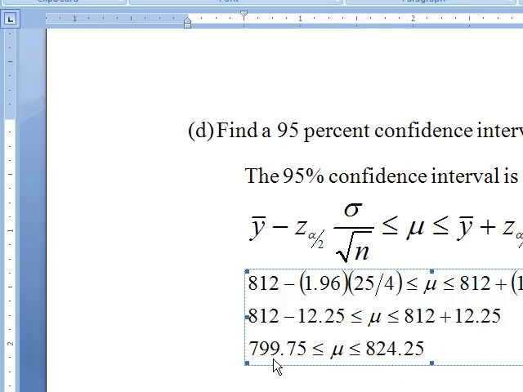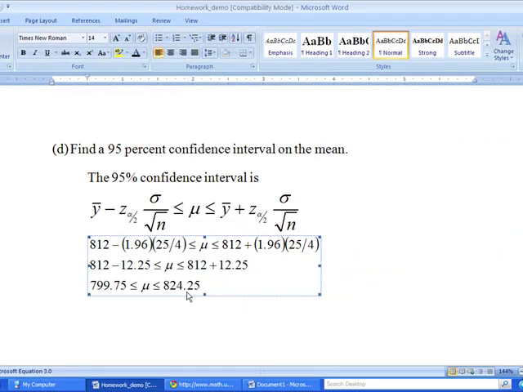The lower limit is 799.75 and the higher limit is 824.25. Right? So 95% of the time the value of mu should lie between these two limits, and that is it.